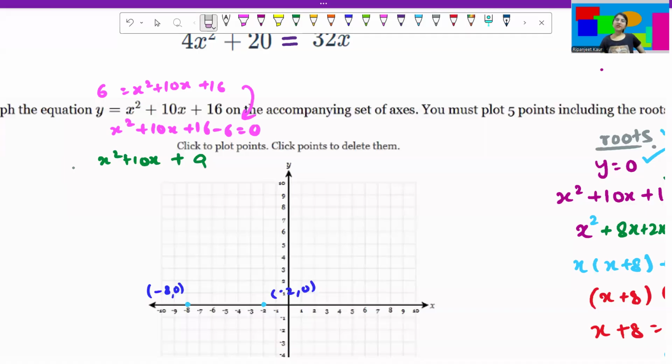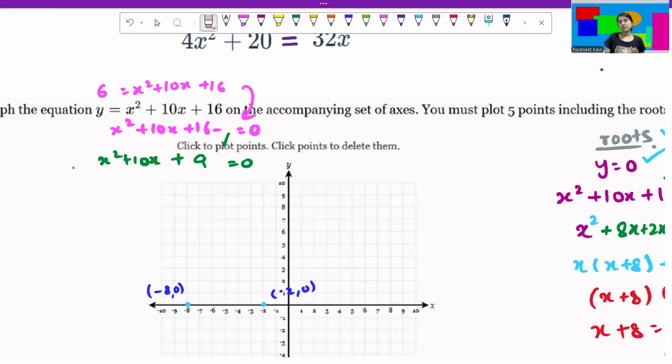Would it be possible to make a 9? Yeah. So what is needed instead of 6 here to make it a 9? We subtracted 6, we got a 10, but 10 was not satisfying the condition. So we said, okay, 9 could satisfy the condition with which an equation could be formed, which could be solved.